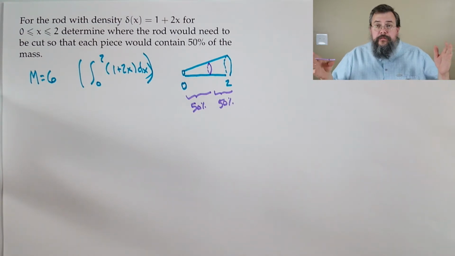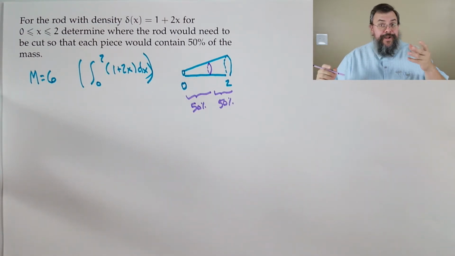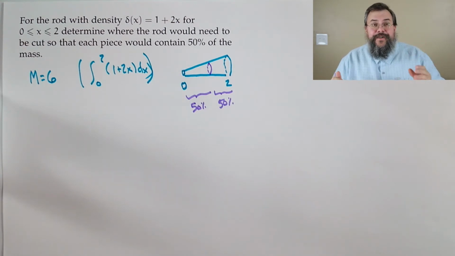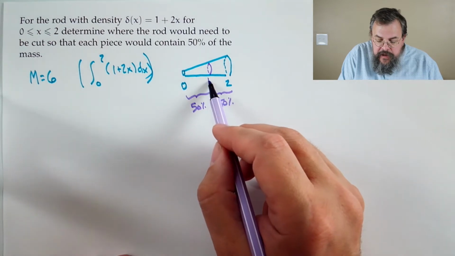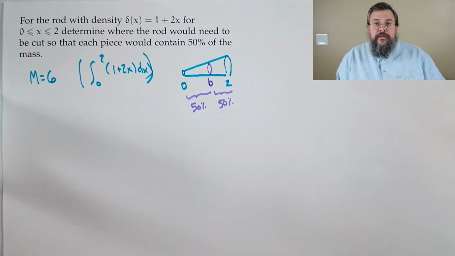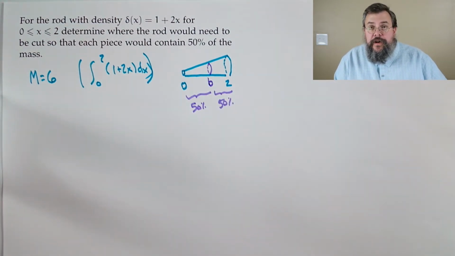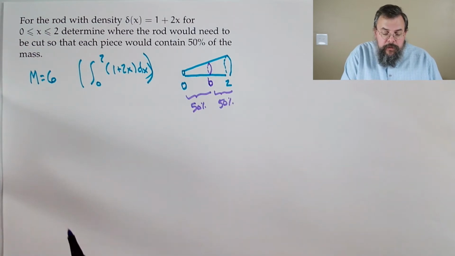So let's suppose we don't know, because we don't know. So it's not too hard to imagine that we don't know what the answer is. But we'll call it something. We'll call it B. So B is something that we're going to try to find. And what do we want?